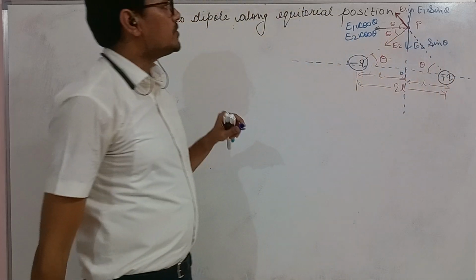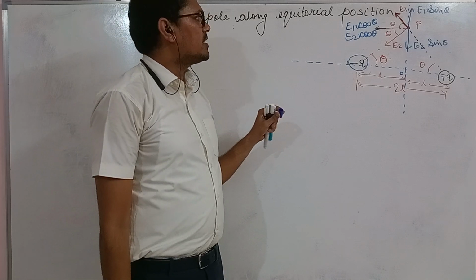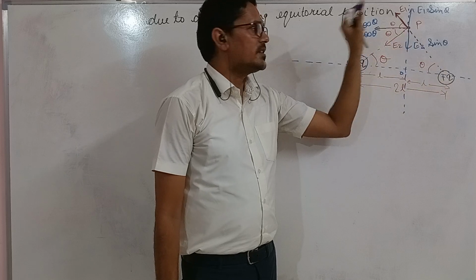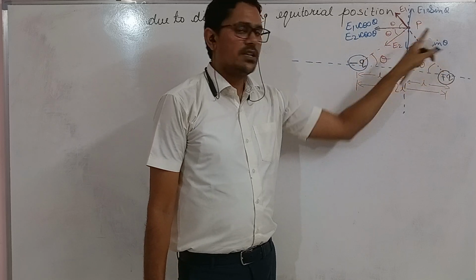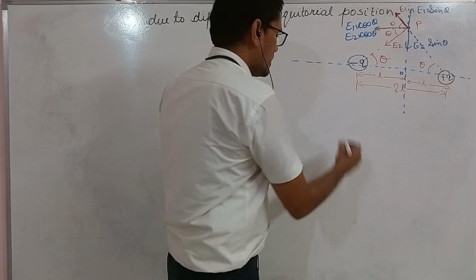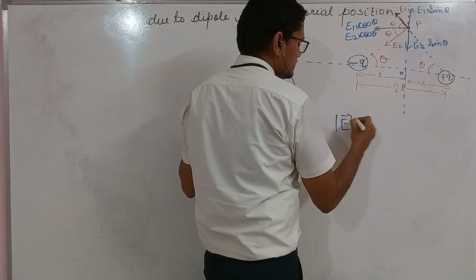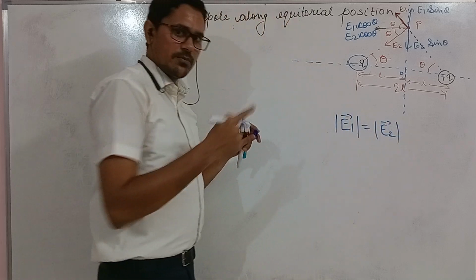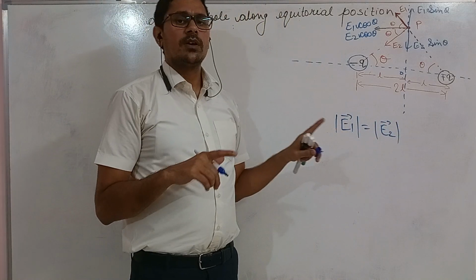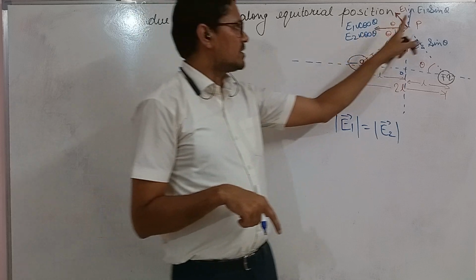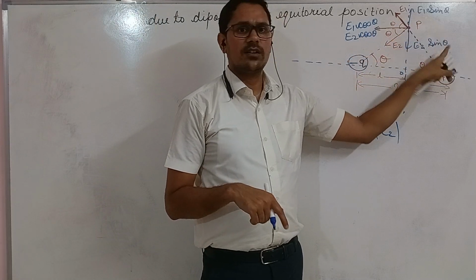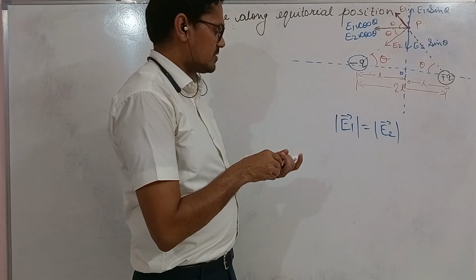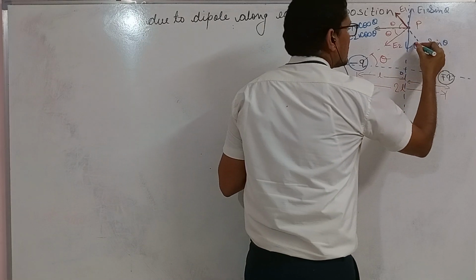If you see the magnitudes of E1 and E2, you will find that the electric fields have the same magnitude. The mod of E1 would be equal to the mod of E2, because the value of charge is the same and the distance is also the same. So the sine components of these two electric fields are acting opposite to each other, so they are getting cancelled out.